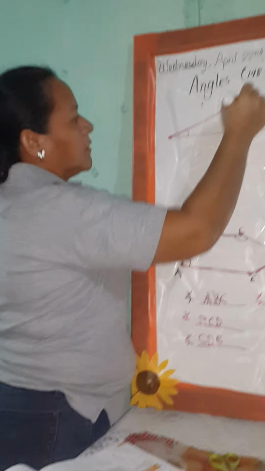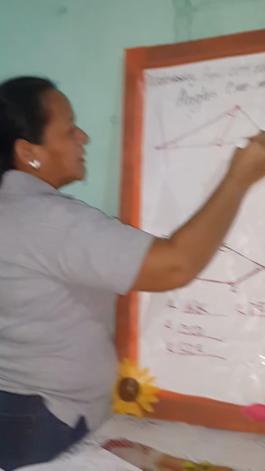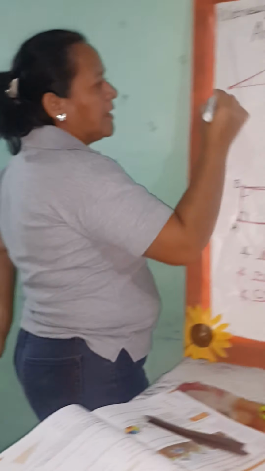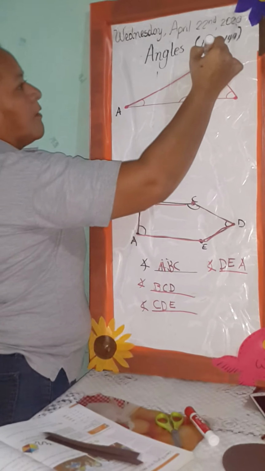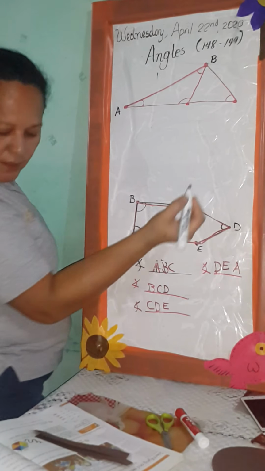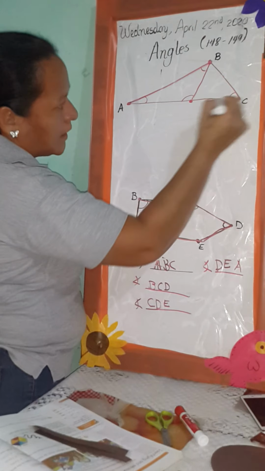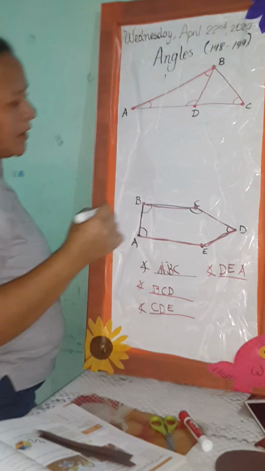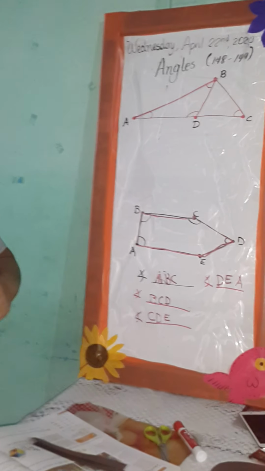Look, in all the points where the lines match are the angles. So we start with A, B, the C is here, and the letter D. This is exactly what you have in the page.